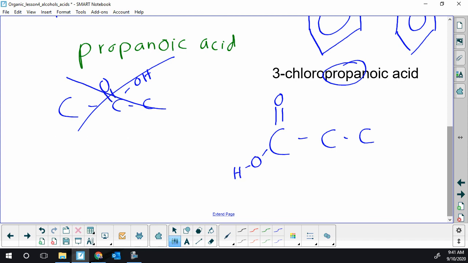So I dashed out my H properly. And this is where I have to number from. This is my 1 carbon, my 2, my 3. That sets my numbering. 3-chloro, so that's very clear that that's where my chlorine is going to go on the end.